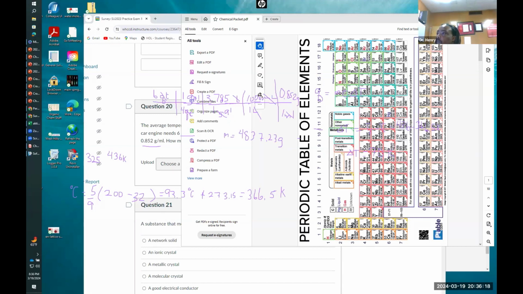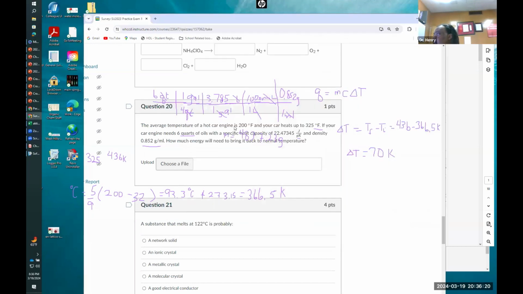So let's go back to our problem here, so we can see the other side. So now all we have to do is plug everything in. So we have 4,837. And if we're going with sig figs, since I was lazy and I just put 6, that would be an exact number.